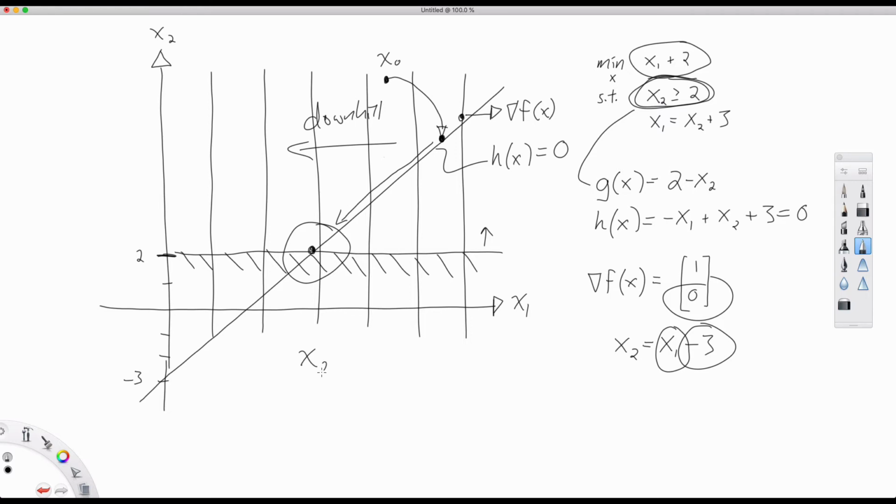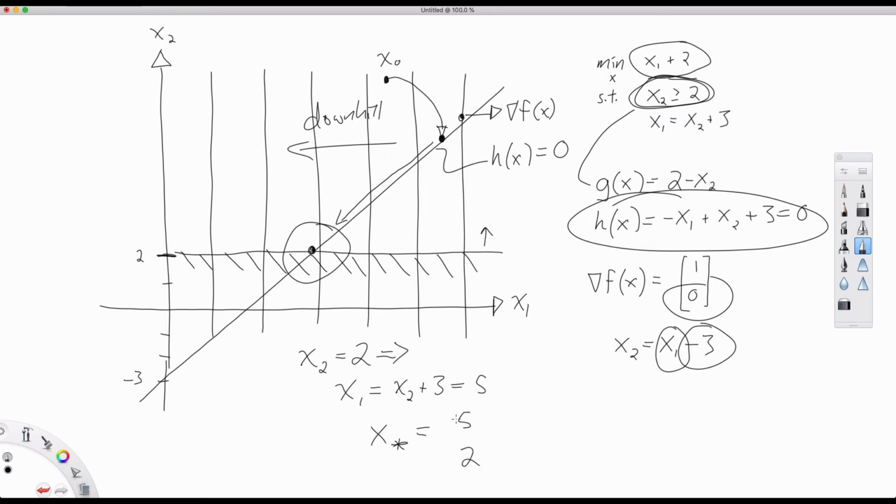If we say that x2 is equal to 2, then we can go back and solve for x1 using our equality constraint, and x1 is going to be equal to x2 plus 3, so that's going to be equal to 5. So our solution is x2 equals 2 and x1 equals 5.